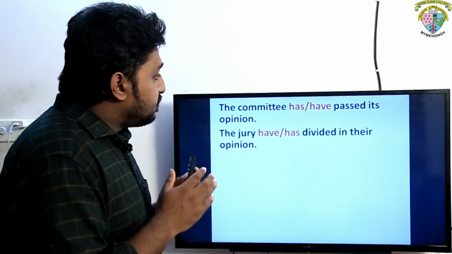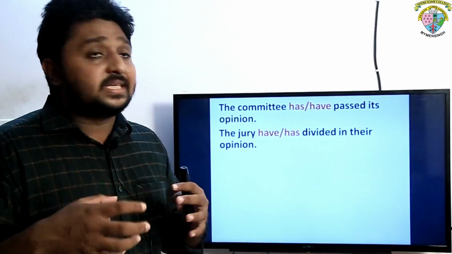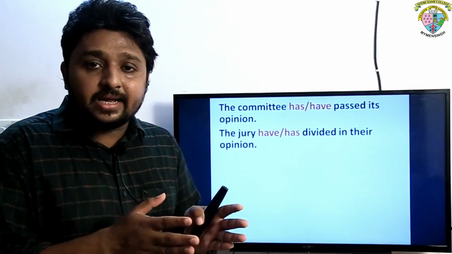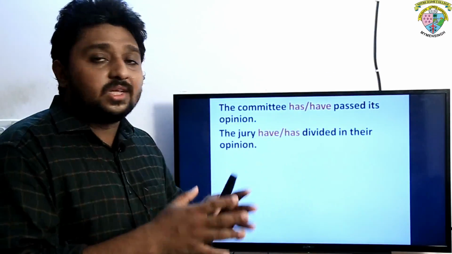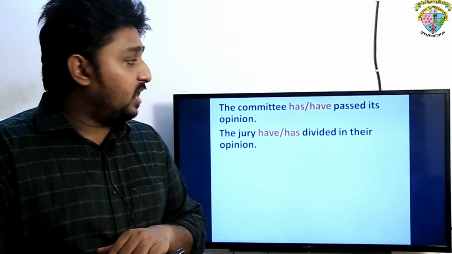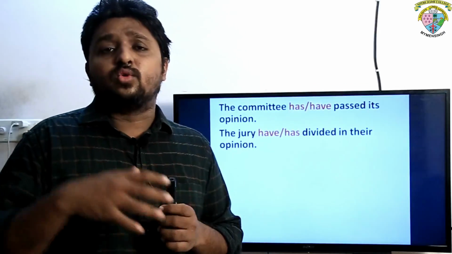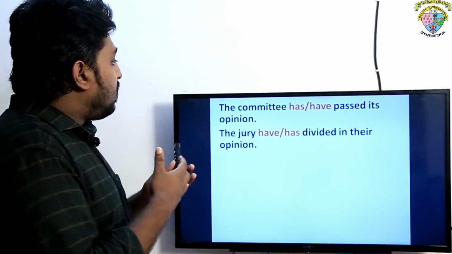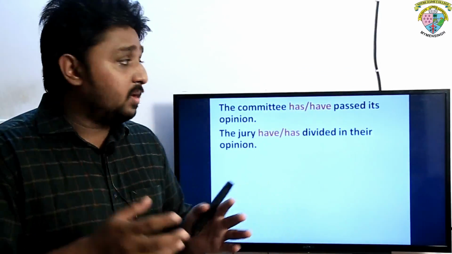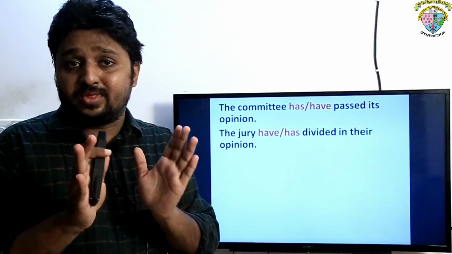When the collective noun acts very simply, that time it takes singular verb. But when the collective noun is divided within their opinion, within their words, that time the collective noun takes plural verb. Suppose the committee here, what is collective noun? A group of noun. That means in a committee, we can have 6 members. They all are plural, but they're same here. The committee has passed its opinion. They're same.